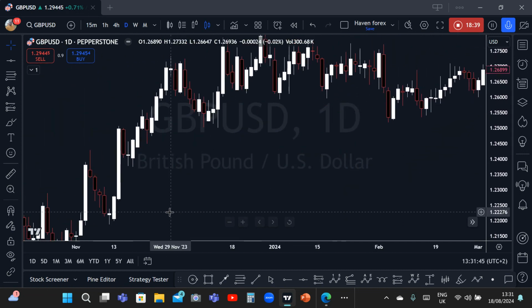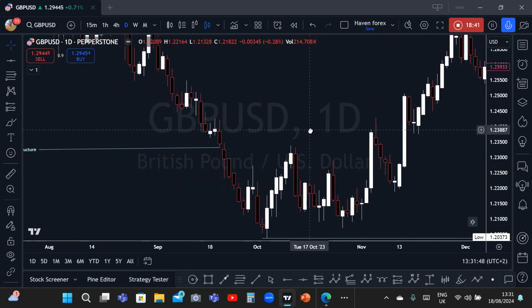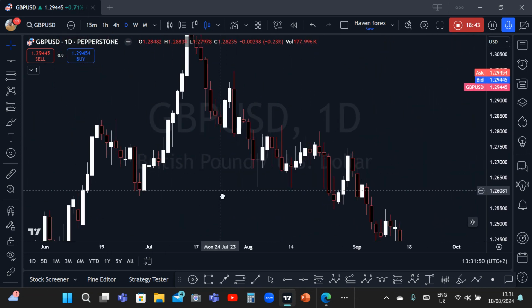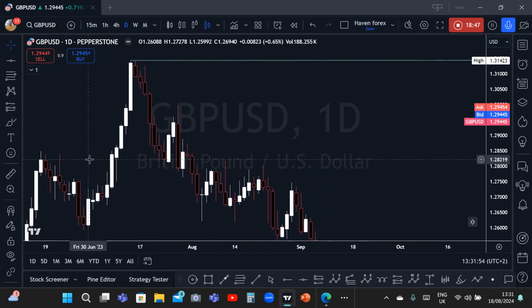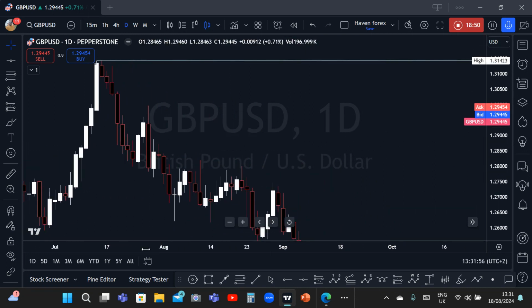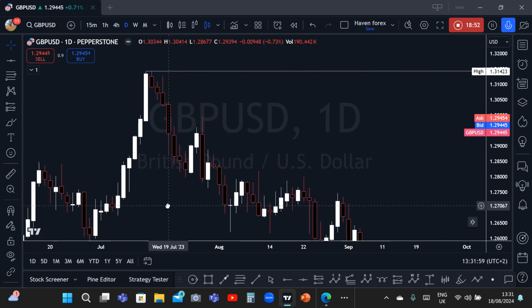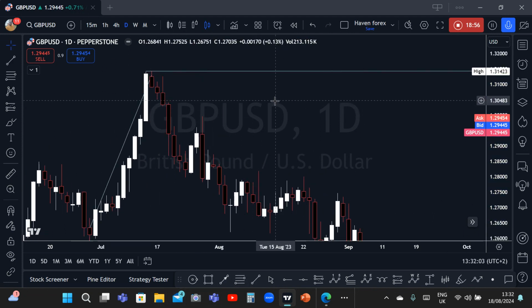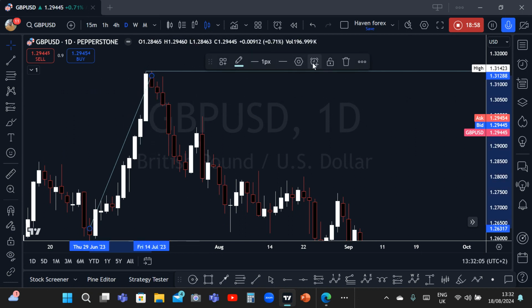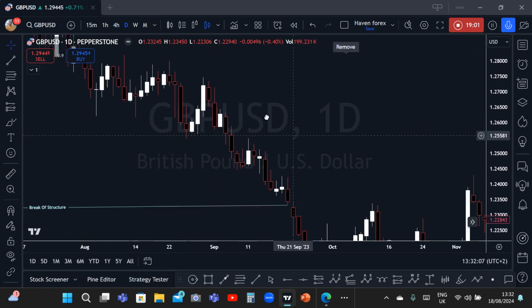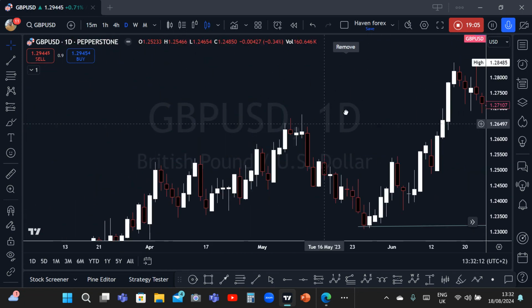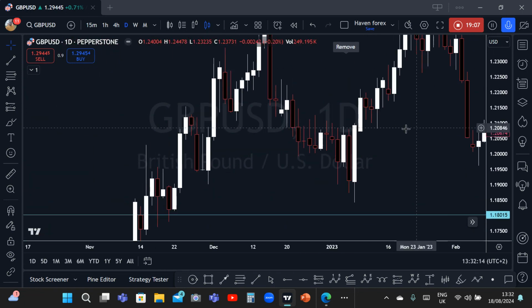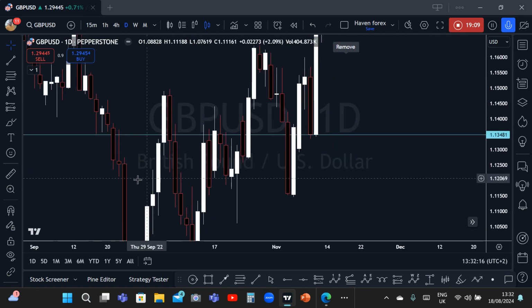Anytime you see a very awkward movement, permit me to use that word, anytime you see a very rapid push to the upside, for example like this, or you see a very rapid push to the downside, something like that creates imbalances.